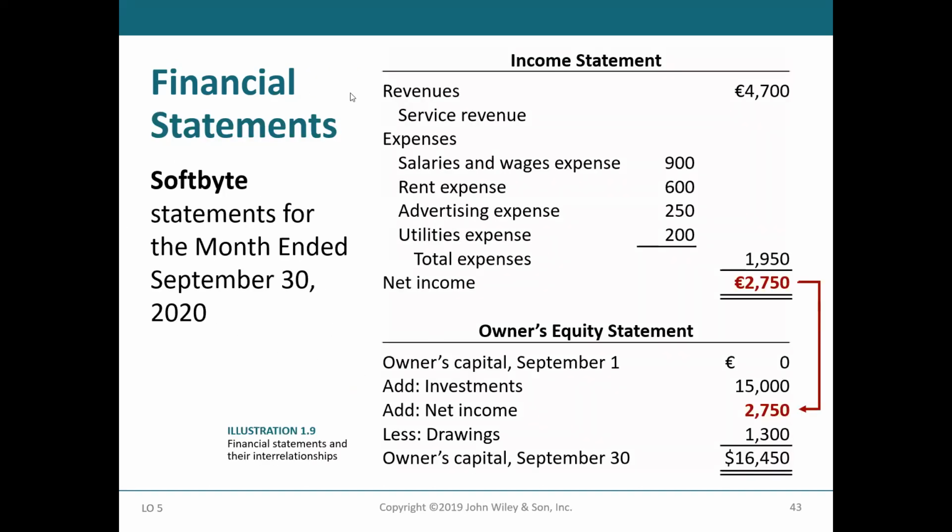Now this is how the income statement looks like. We have revenues of 4,700, which includes service revenue. For expenses, we have to list down all the expenses. So when you do exercises, don't just put expenses and then total all of them, or you will get minus points. You need to list down all the expenses.